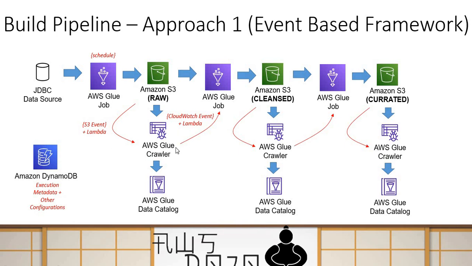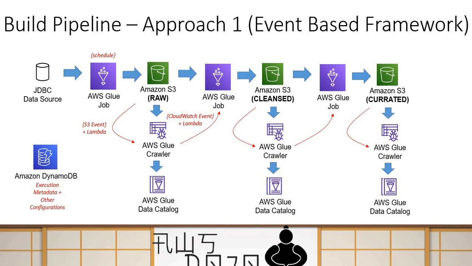So nothing is hard coded here, but the whole mechanism works based on events, and in what sequence the Lambda functions will start the crawler and glue job, and what configurations are around that, is all put into this DynamoDB table, so that there is no hard coding in your code. So that's how the event-based framework works, which I have seen many customers using.